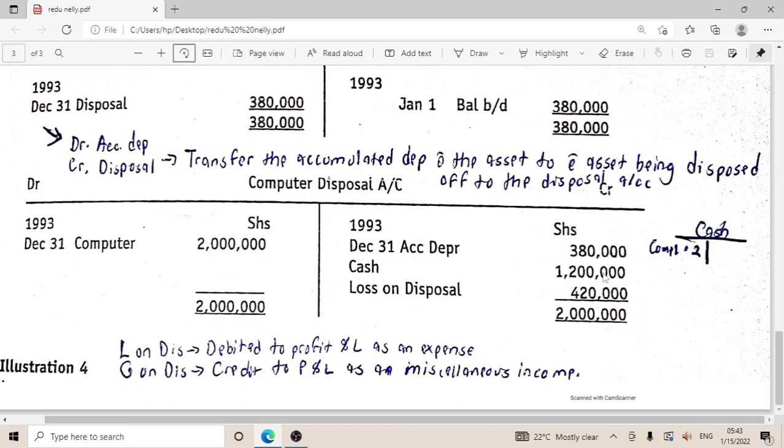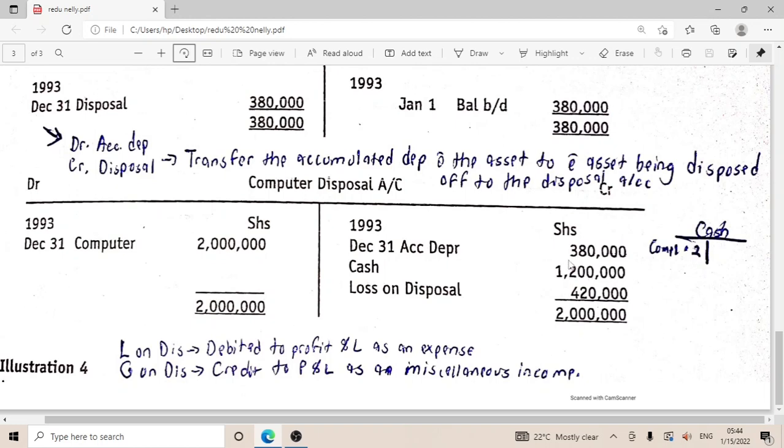So after having known that, you'll be having this figure 380 and 1.2, and also this 2 million. So you determine which side is bigger to determine whether it's a loss on disposal or a gain. You realize that the debit side is more. So you find the difference: you first add 380,000 plus 1.2 million, so you added these two.